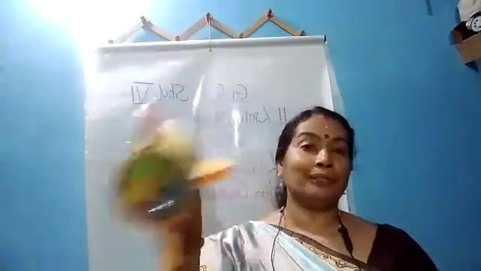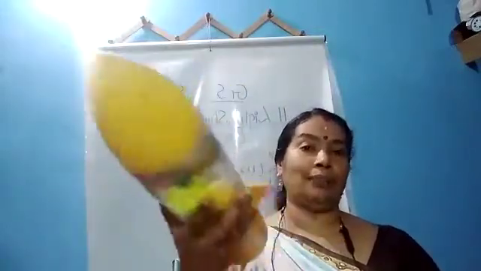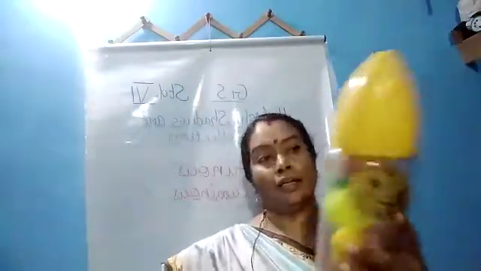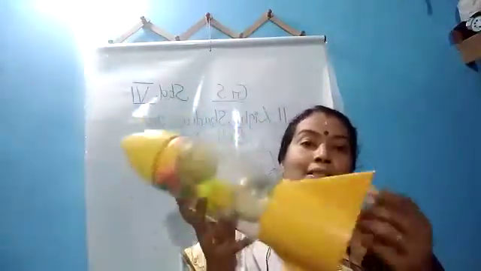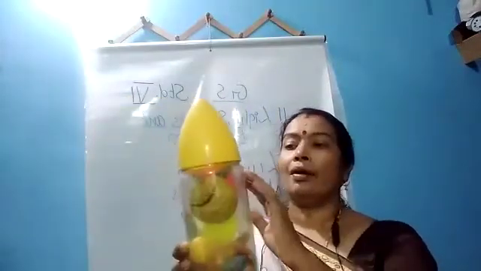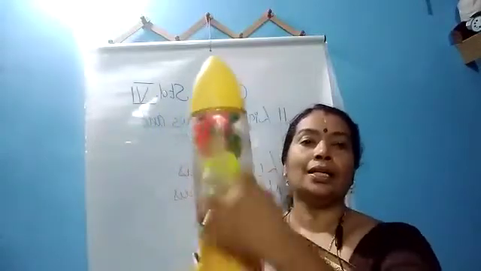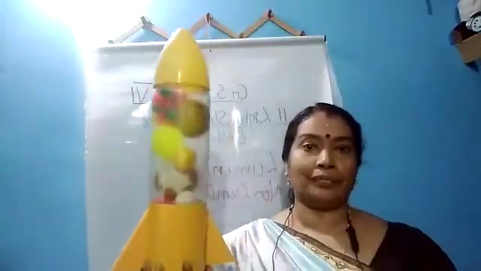See here, it is a rocket-like shape, isn't it? A rocket-shaped plaything container. But through this part you can see the things clearly, isn't it?